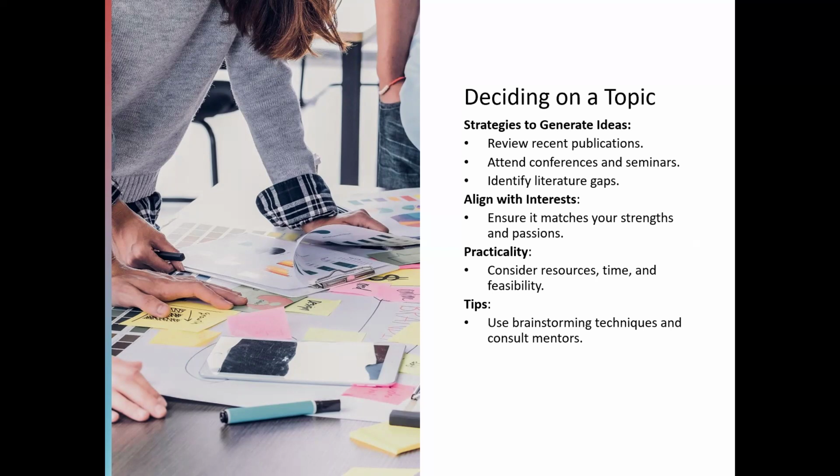For example, if you want to do research in cardiology and you are interested in CVDs, cardiovascular diseases, the first thing you have to do is review recent publications from the last 5 or 10 years. You will review those publications and gather the different research gaps present in those articles.